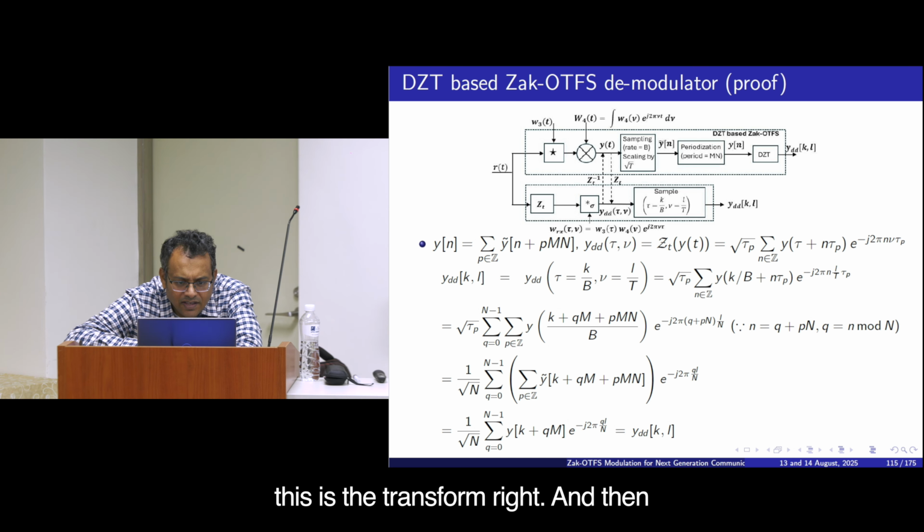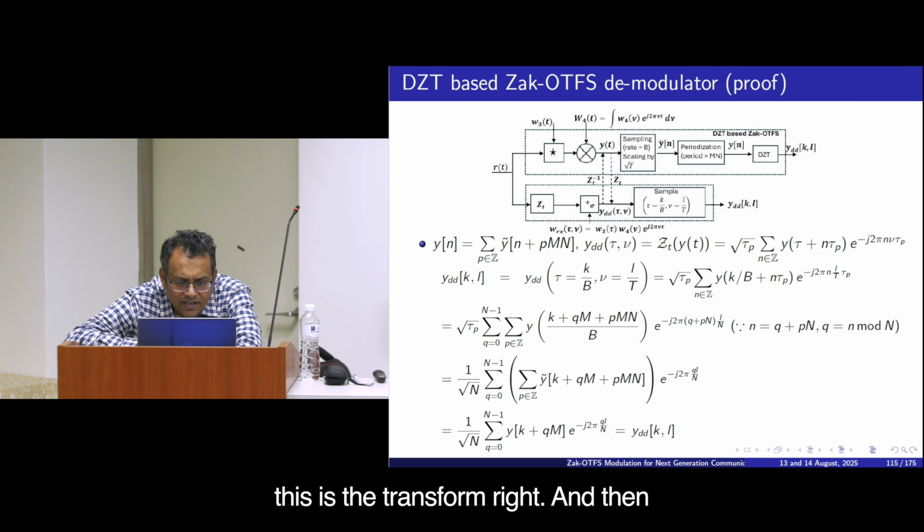Y equal to sigma y tilde of n plus p. This is the definition. So y of n is defined like this. It is a definition.